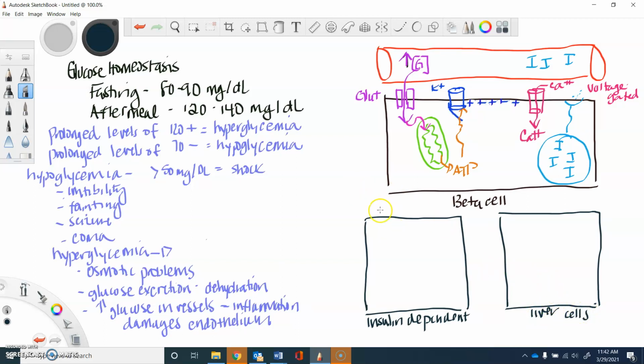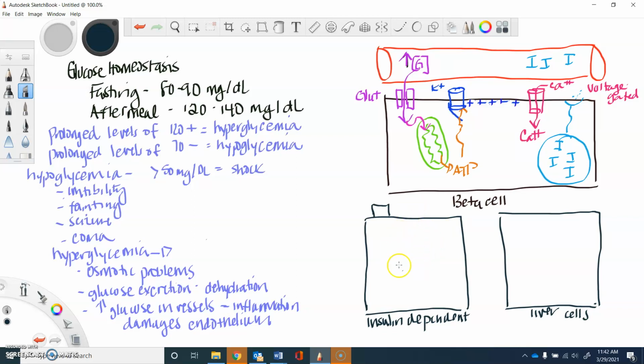So insulin dependent cells have a receptor for insulin. And when glucose levels are high, we need insulin there in order to open up that cell to glucose.